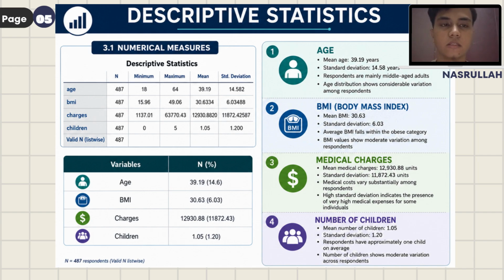For medical charges, the mean value is 12930.88 units. The high standard deviation shows that healthcare costs differ greatly among respondents. Lastly, respondents have an average of one child, with a mean of 1.05 children.